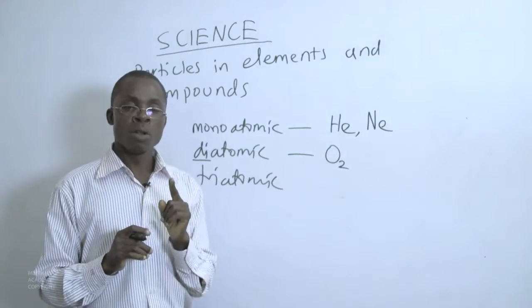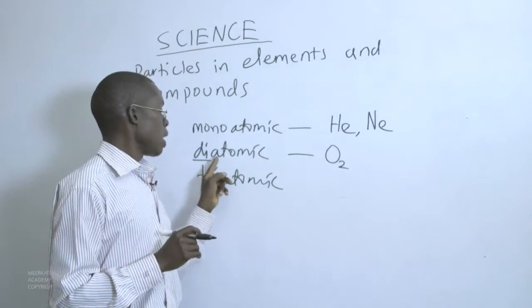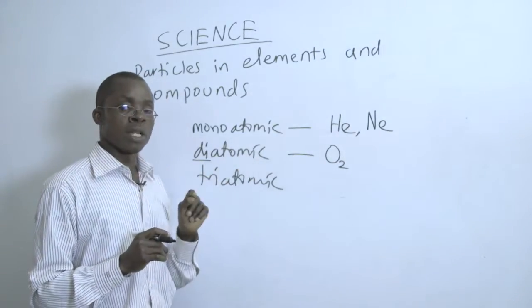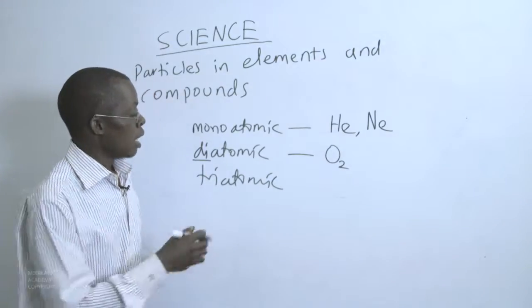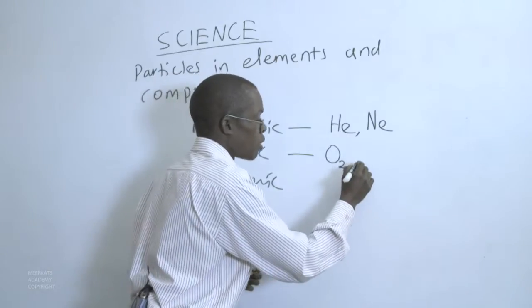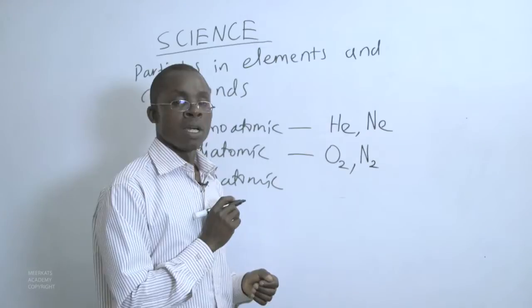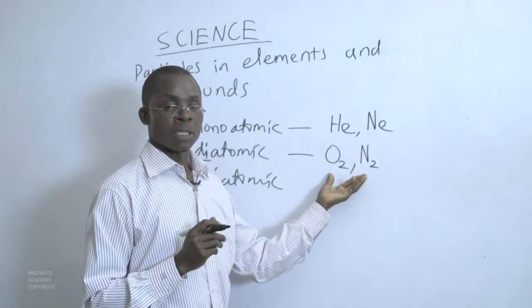So that molecule, which has two atoms, is called diatomic, meaning two atoms together to exist naturally. Another example, here we have so many of them, is nitrogen gas.